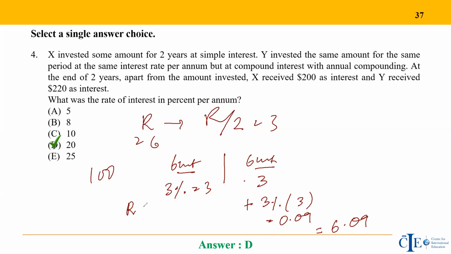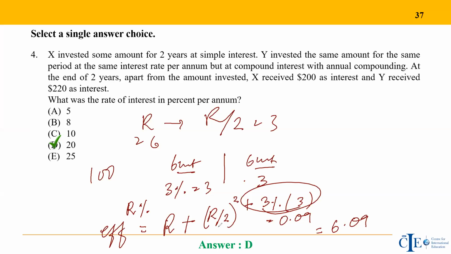Okay, so how much is the extra? This half is the extra part. 3 plus 3 is actually equal to 6, which is the 6% that will come in a year. So the effective rate of interest will become R plus R by 2% of R. So R by 2% of R, which is R by 2 the whole square upon 100.